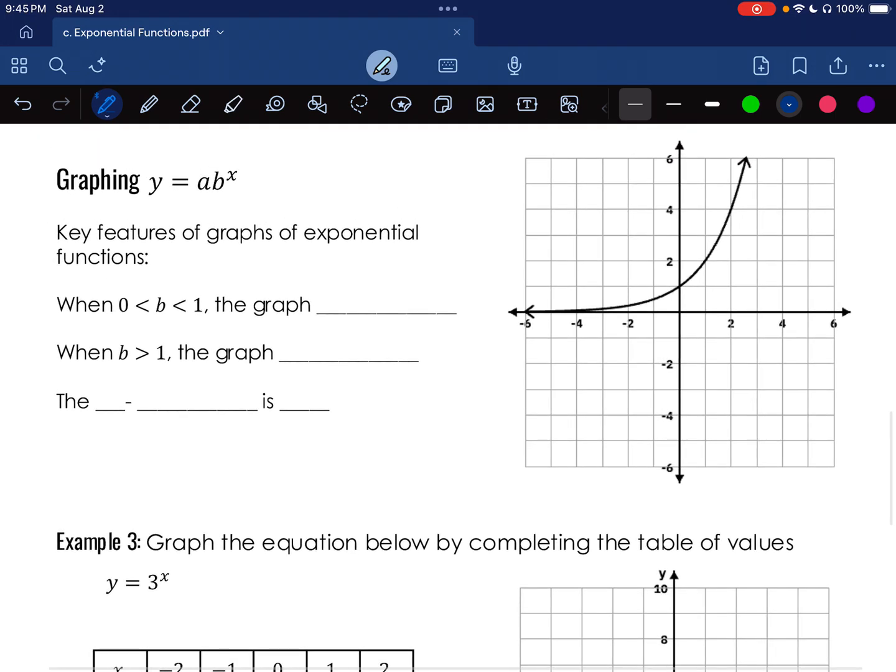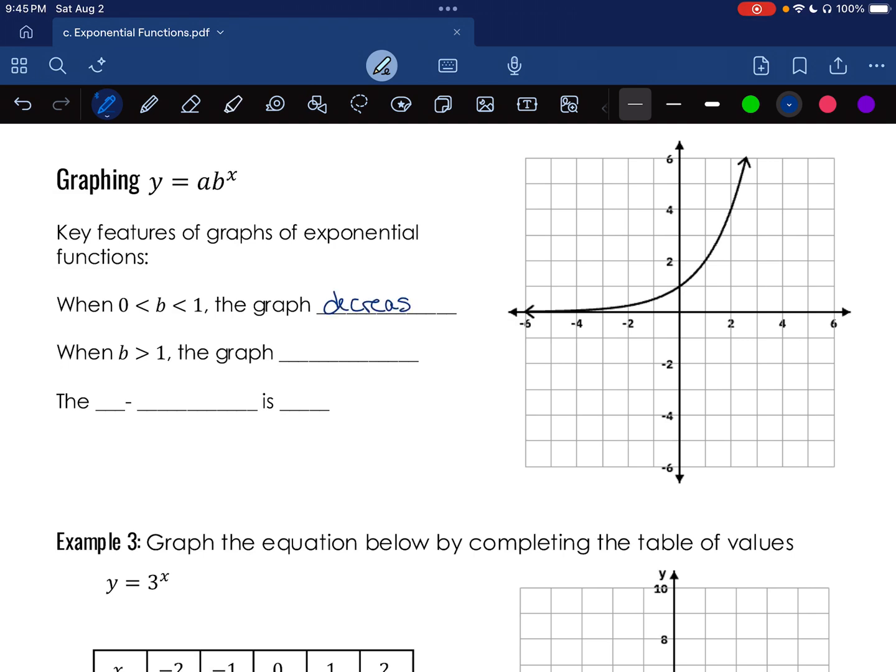So graphing y equals a b to the x. There are some key features of graphs of exponential functions that we want to think about. When our base is a proper fraction between 0 and 1, the graph is going to decrease from left to right.